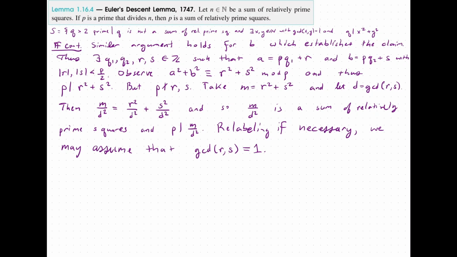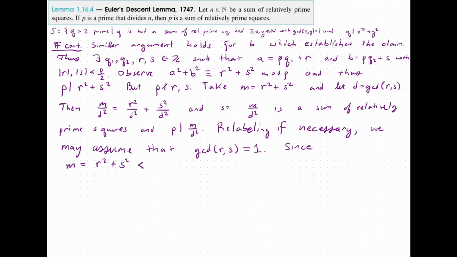But now, what are our assumptions on R and S? Well, we showed that the absolute value of R is less than P over 2, and so is the absolute value of S. So now observe, we have M, which is P squared, jumping ahead, R squared plus S squared.